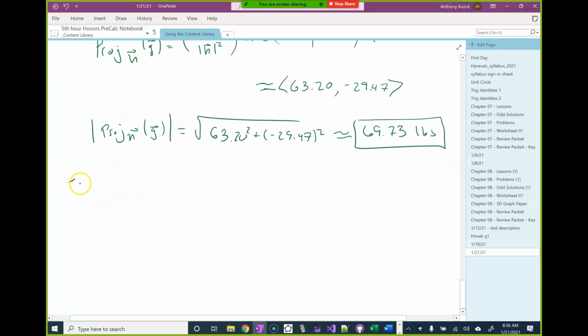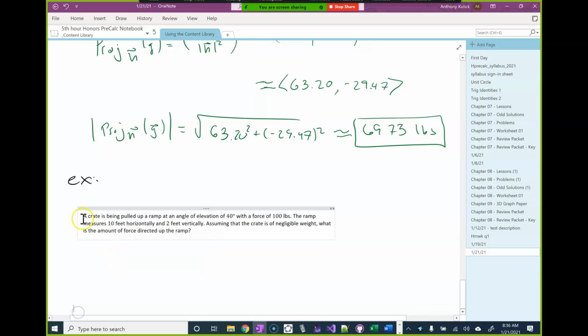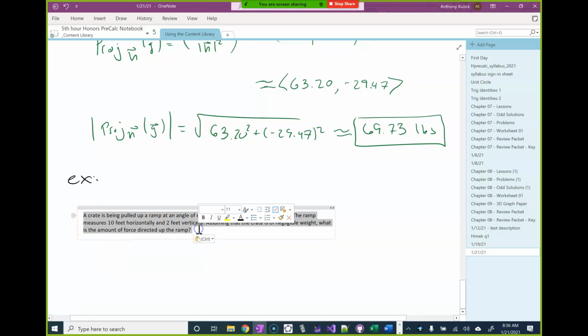So one more example to contrast with the other one. Any of you guys in a physics class right now? A couple of us. These problems, where you have forces involved at an angle, sound relatively familiar.